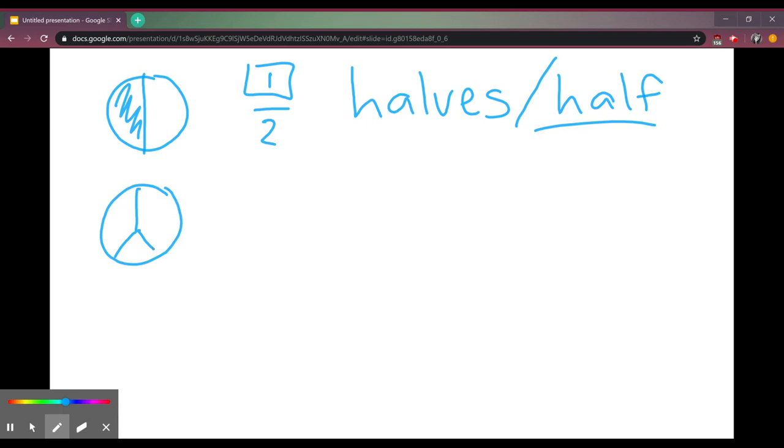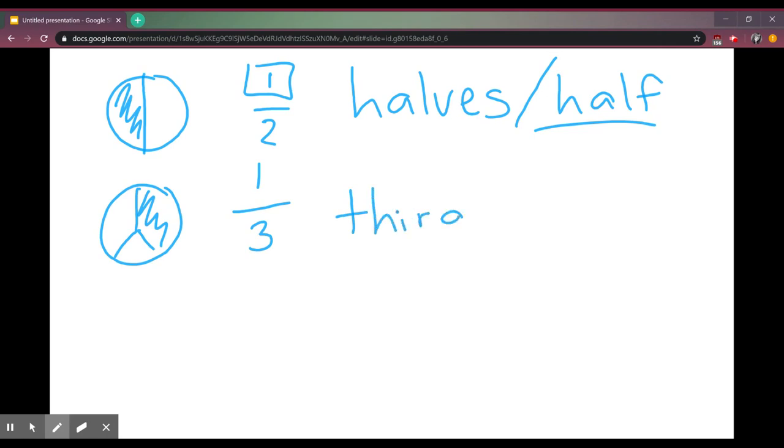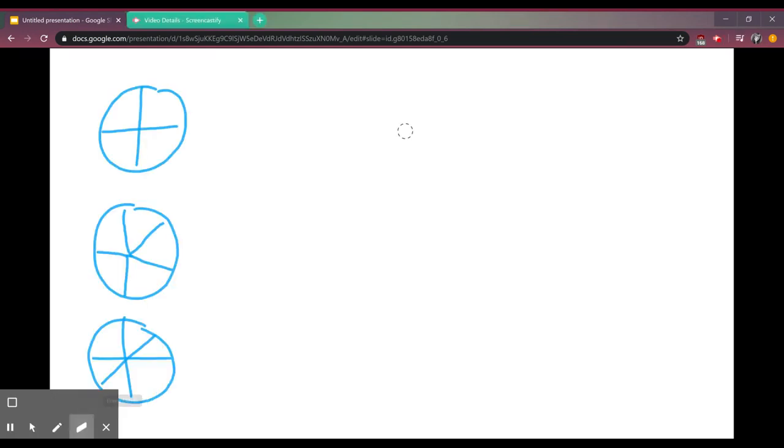If you have a shape that's broken into 3 like this, your denominator will be 3. We'll say we just have 1 colored in. When you have 3 on the bottom, you read that as thirds. So it's not 1 over 3, it's 1 third. Any number after thirds, you just say the number that it is.